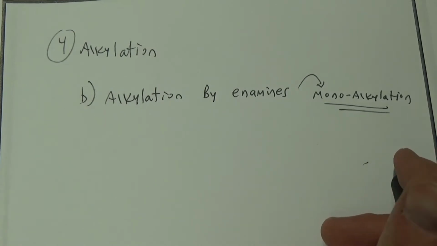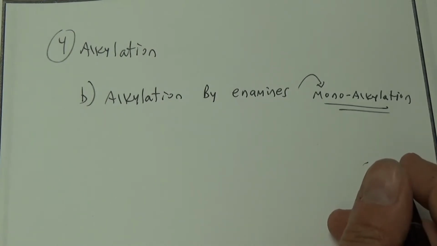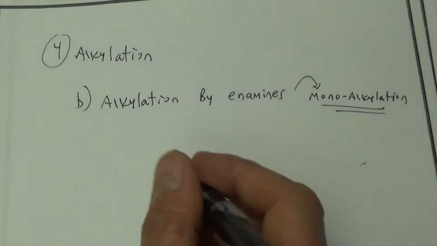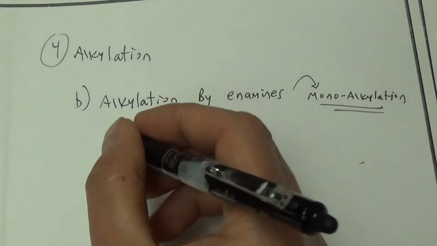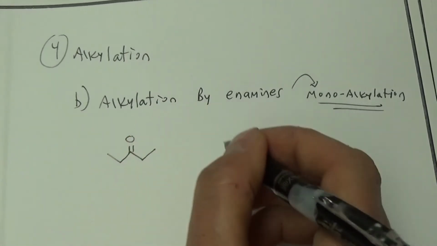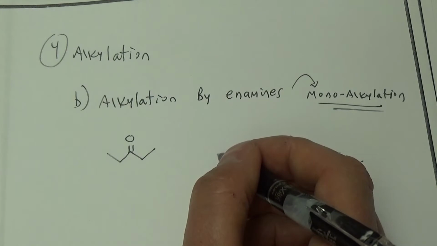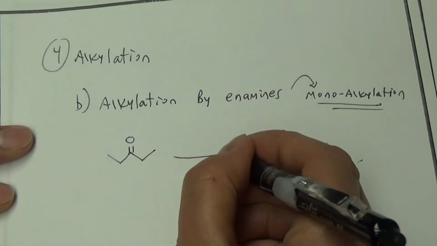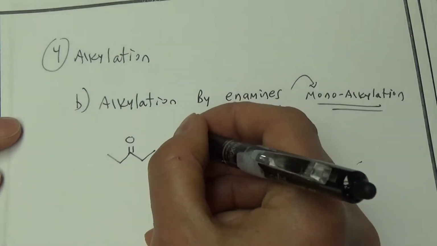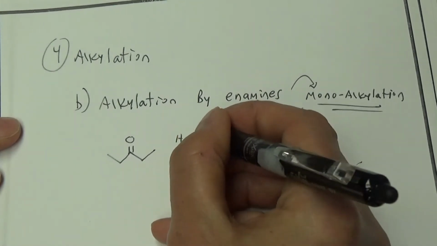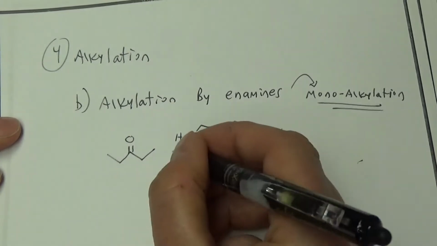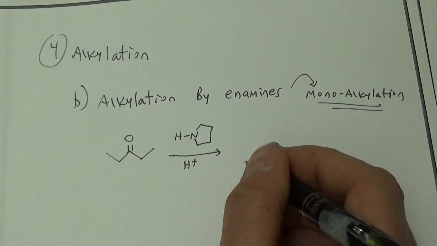All right, so what is it, and what's the method? Let's just show a ketone, and think about what you get when you react this ketone with a secondary amine and a little bit of catalytic acid, H+.